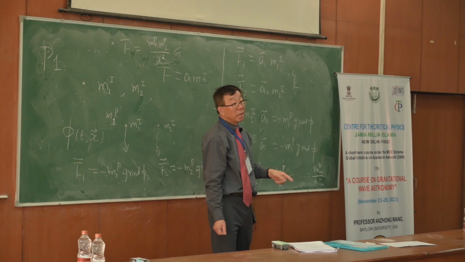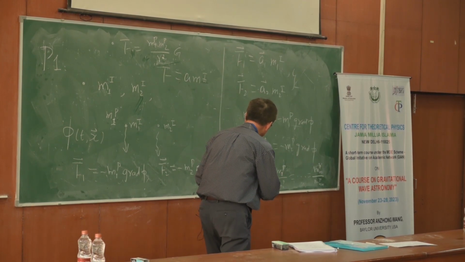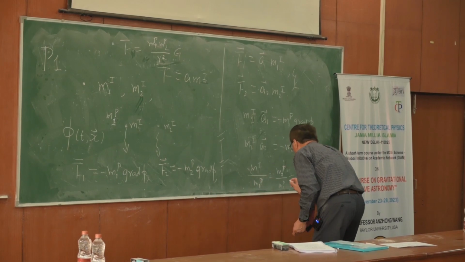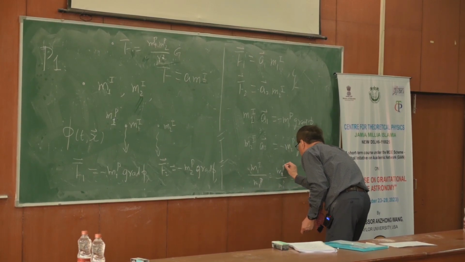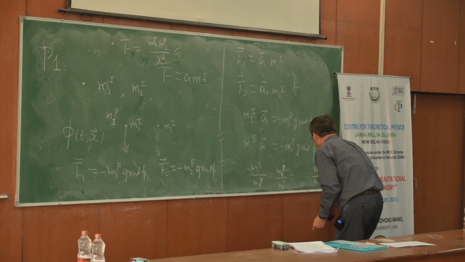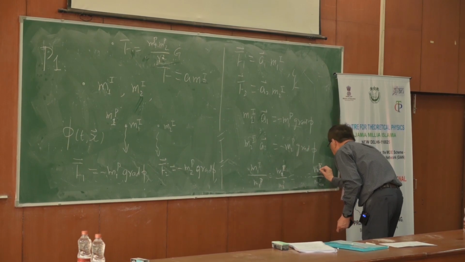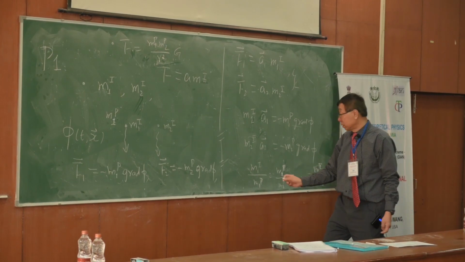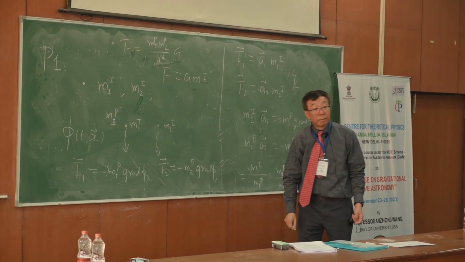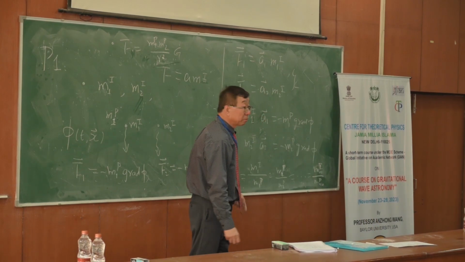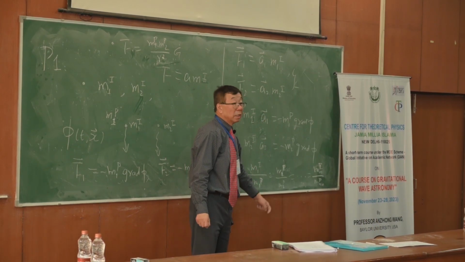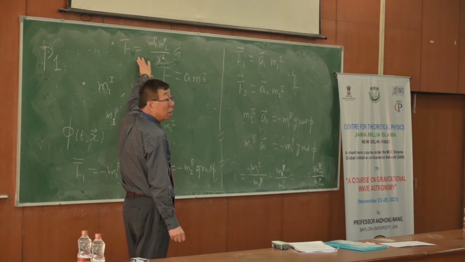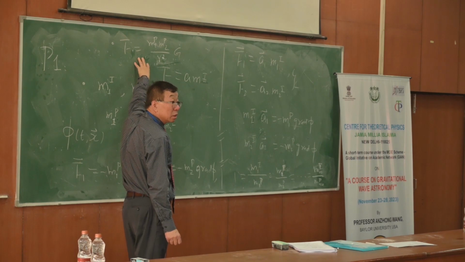Then the inertial mass and the passive mass, M1I, M1P, M2I, M2P, are the same. So by proper choice of units, I can always put them equal to 1. This means that inertial mass equals passive gravitational mass.